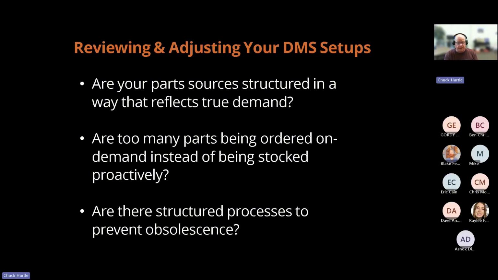If you got to be 85%, hang around 87. If you got to be 90%, hang around 92. And I'm preaching to the choir, but most of you already know, go get the cheapest parts that you can to make sure you hit it, not putting a lot of expensive things on the shelf. And just make sure there's structured processes to prevent obsolescence.